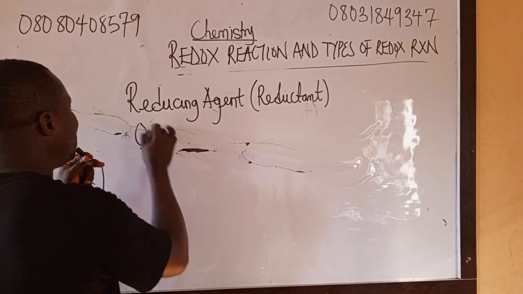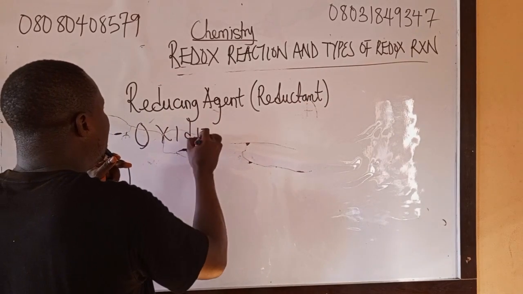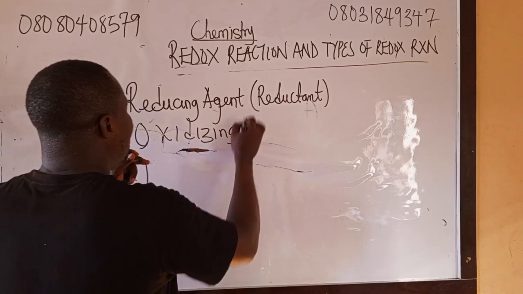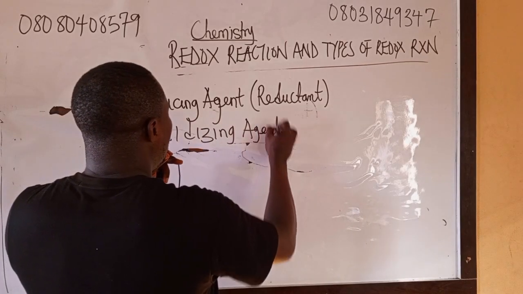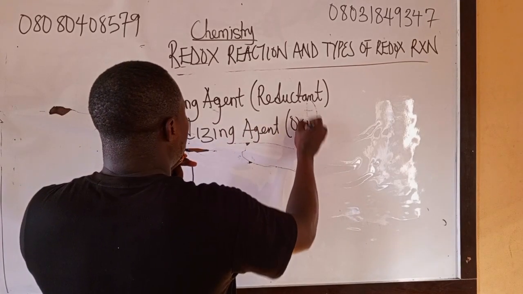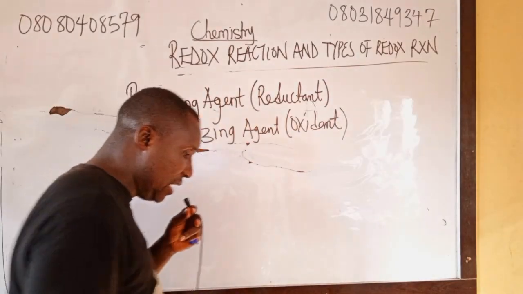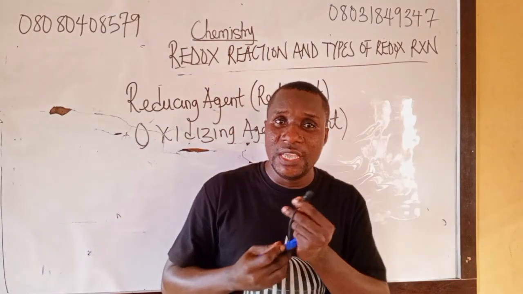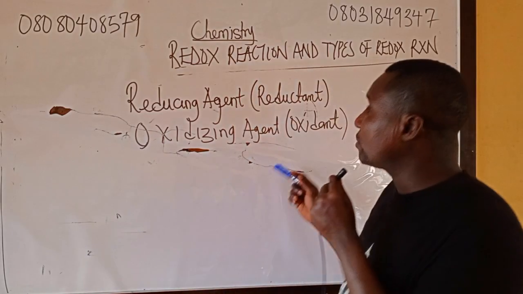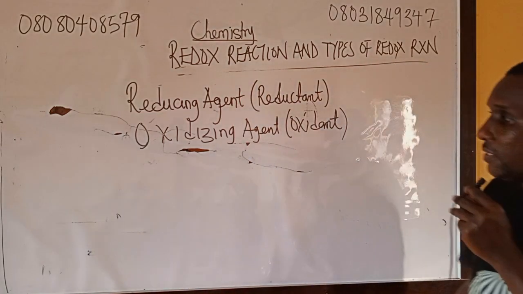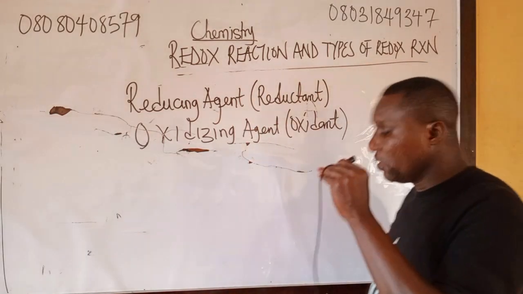And we have oxidizing agents, which are known as oxidants. We have reducing agents, known as reductants, and oxidizing agents, known as oxidants.